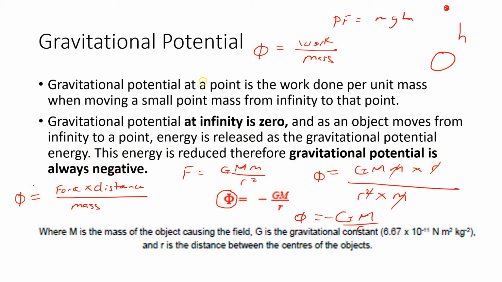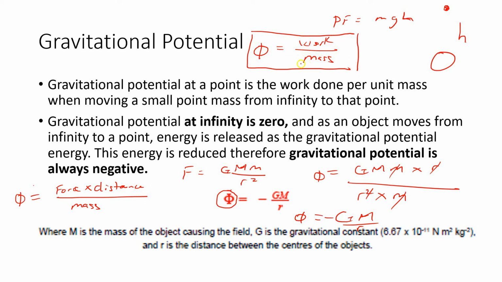So, since from the definition it says that gravitational potential is the work done per unit mass, we can write that in a formula, and this would take into consideration the formula that says gravitational potential is equal to the work done to move that object per unit mass, so to speak.